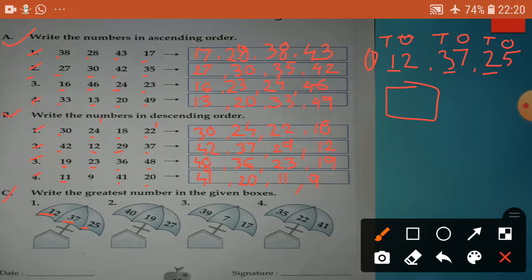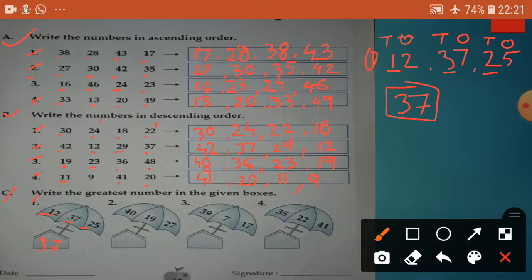Now you tally. 1, 2, 3. So it's very easy. 3 is bigger. So I write here 37. Okay. Now children see, number 1 you write here 37.